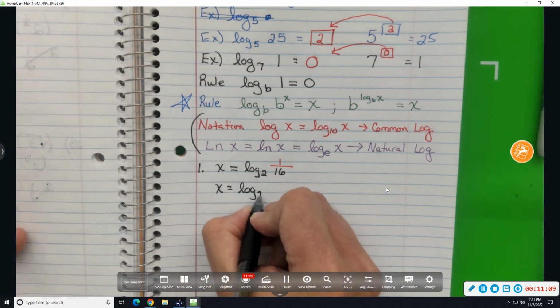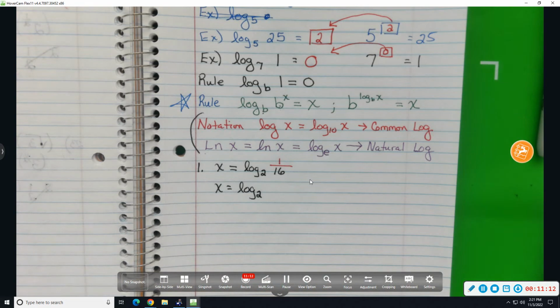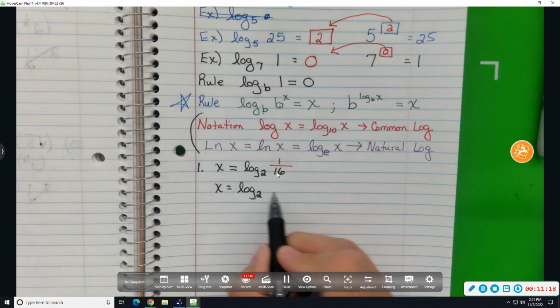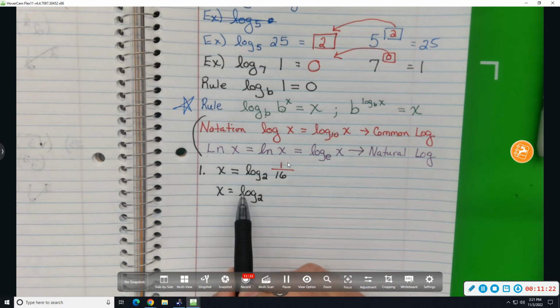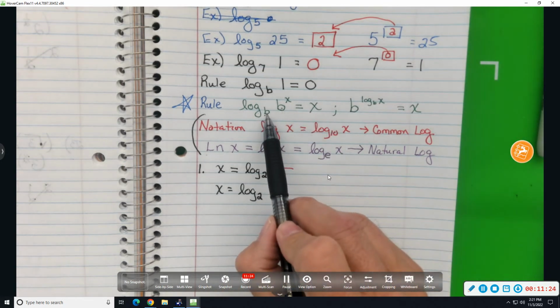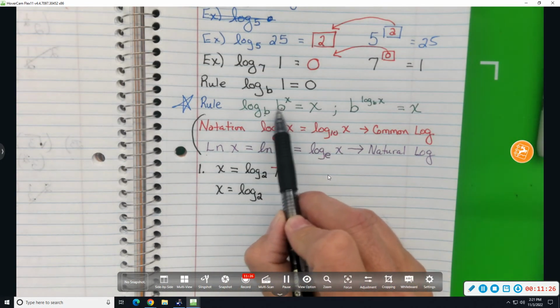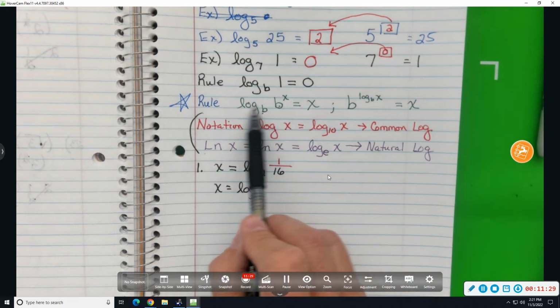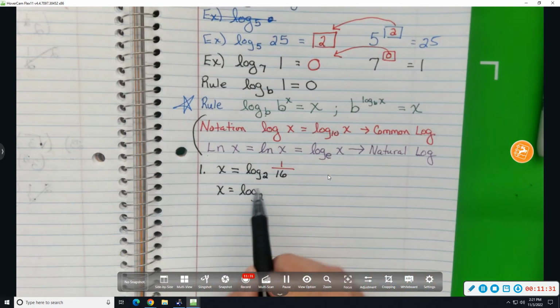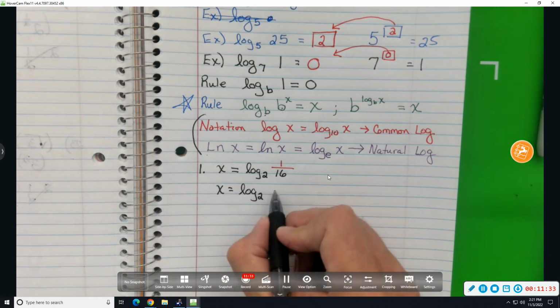What you're going to do is something that we were doing in the class the last time with solving exponential equations. We're going to try to get the same base. If we can rewrite this log base 2 with the same base here and here, then they'll cancel out. So I'm trying to cancel out this log base 2.